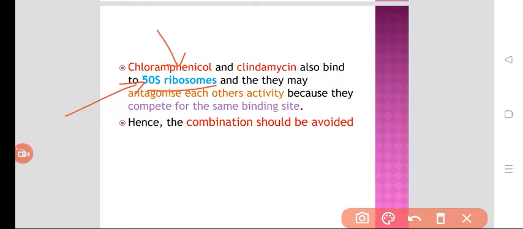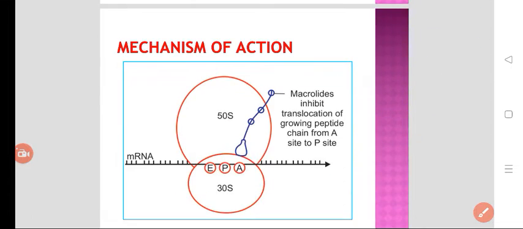Azithromycin, chloramphenicol and clindamycin all bind to the 50S ribosomal subunit, so the combination should be avoided. These three drugs should not be given together.